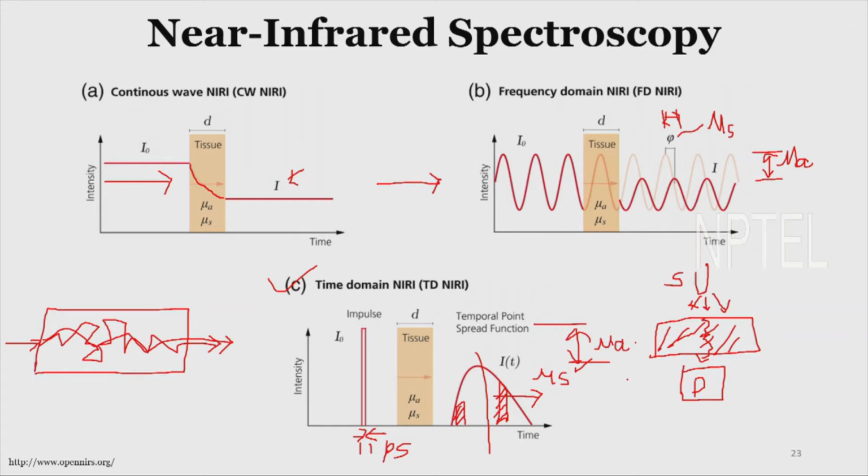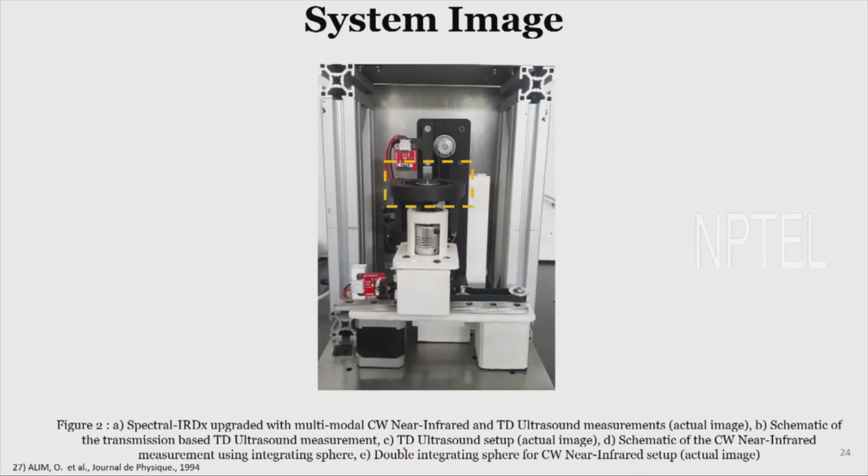So there are different techniques you can use to quantify the bulk optical coefficients, such as absorption and the reduced scattering coefficient. Let us come to the system that we developed at IISc.